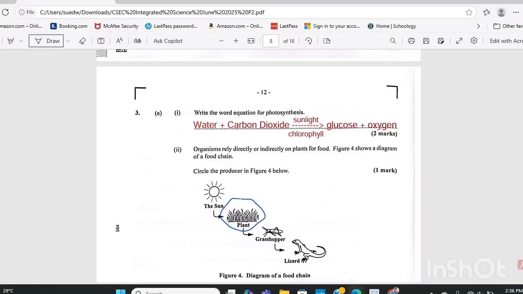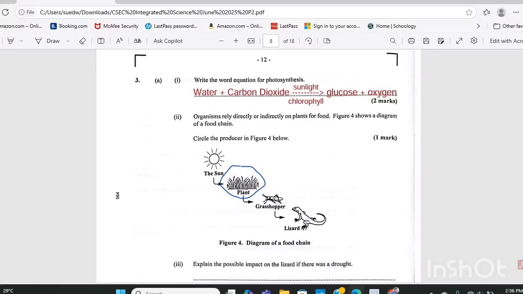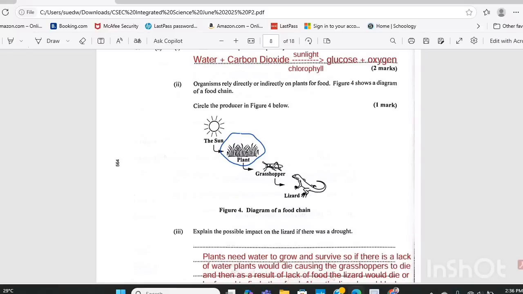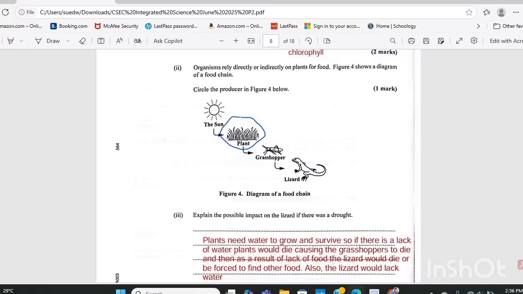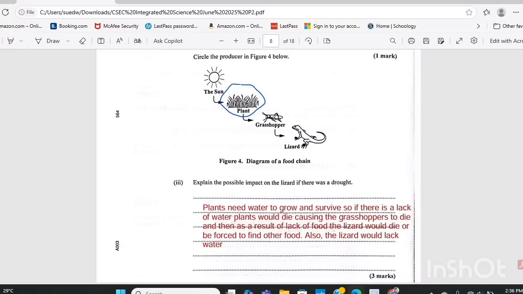All right. Now it says explain the possible impact on the lizard if there was a drought. Now, if you would have been so desperate, right? You could say that the lizard doesn't get any water to drink because of the drought and he would die of dehydration.